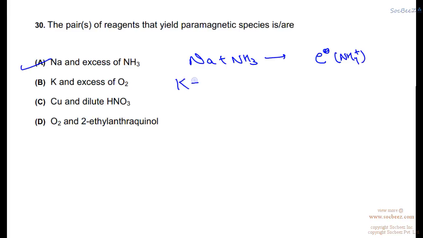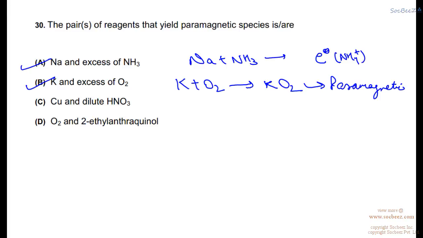In option B, K in excess of O2 undergoes a reaction like this, giving KO2, where KO2 is paramagnetic. So option B is also the right answer.